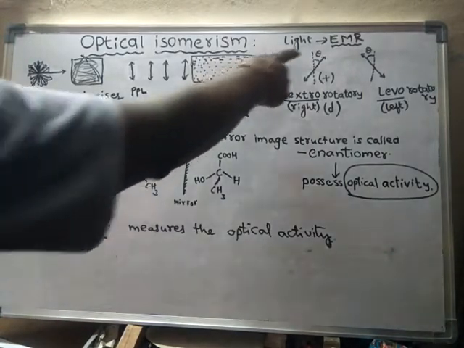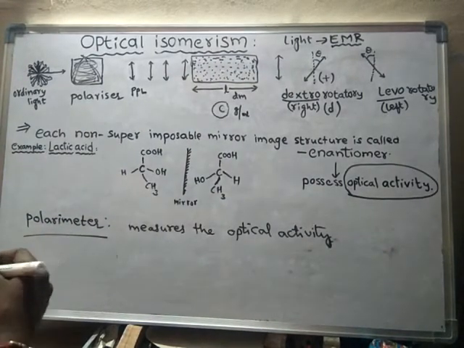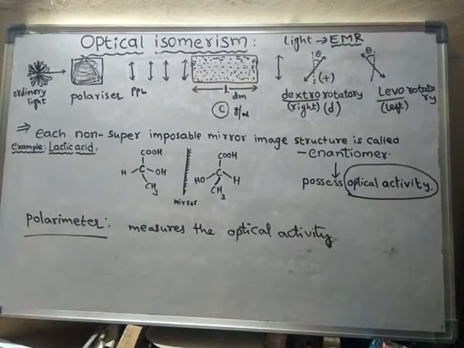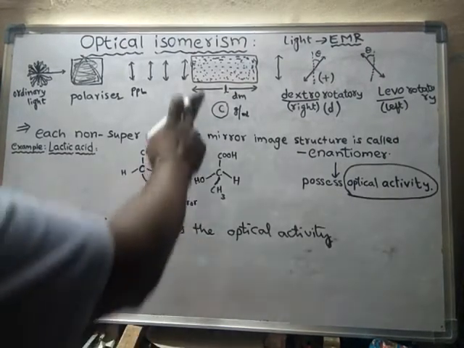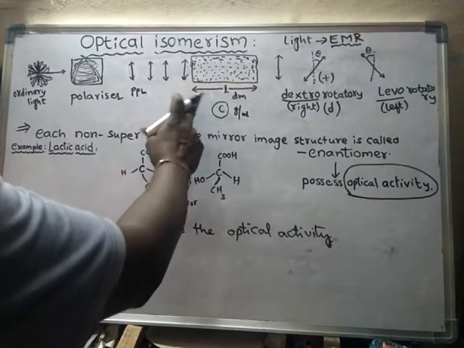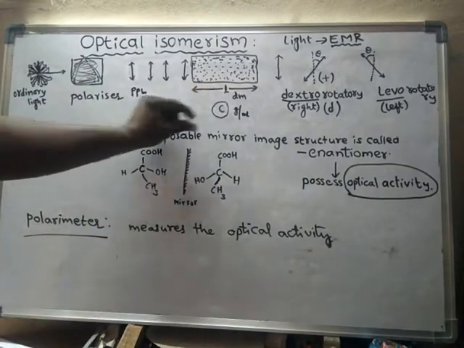So what is theta? Theta is nothing but the angle of rotation. So then we have to measure the specific rotation, because the angle of rotation is not the same.